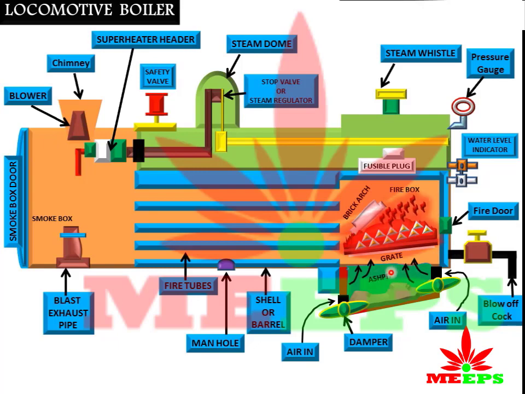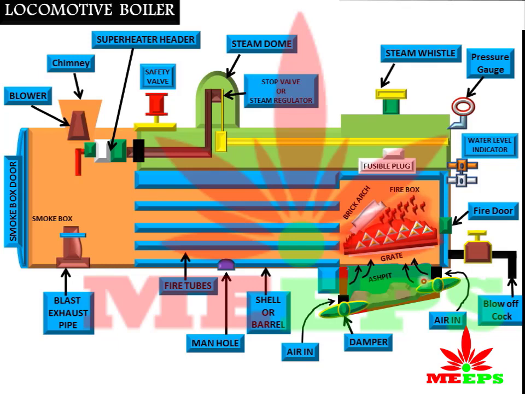This is the ashpit, which is placed below the firebox, and is fitted with dampers at its front and back ends. These are the front and back ends. The dampers control the flow of air to the grate.